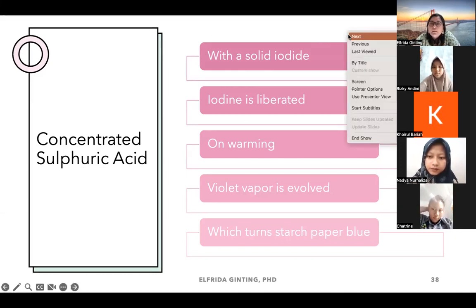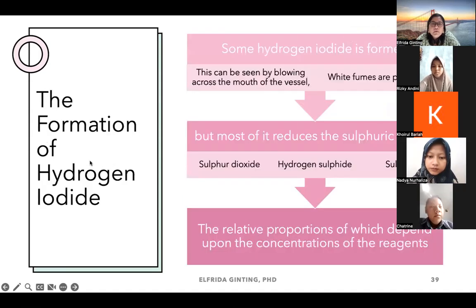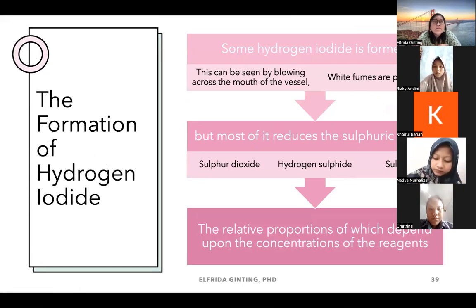Okay. Now next, you can see here, if we react iodide with sulfuric acid, depending on the concentration of sulfuric acid, some of the reaction can form hydrogen iodide. So not only iodine will be evolved, hydrogen iodide can be formed also, but a little bit.